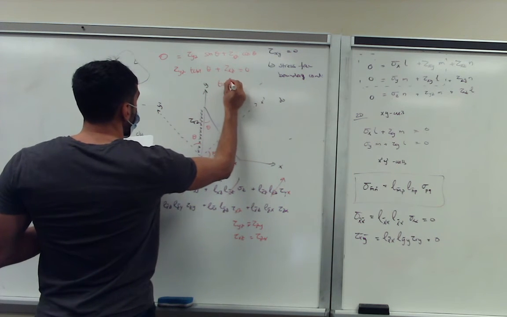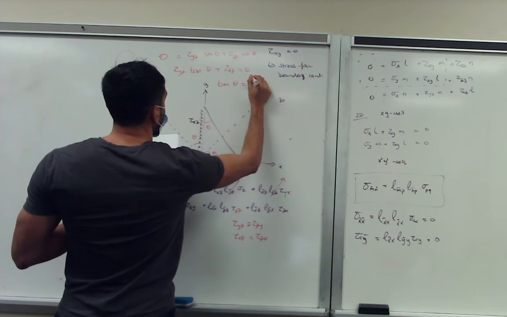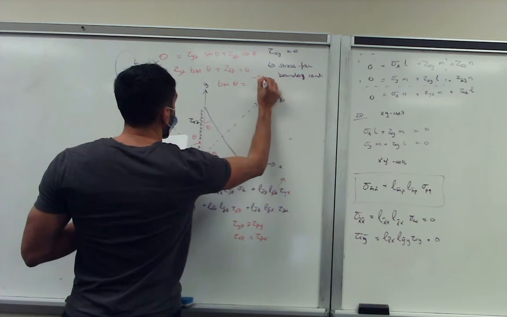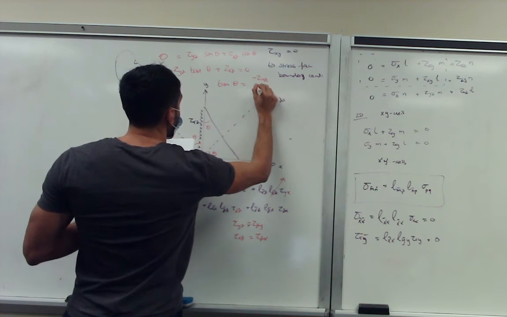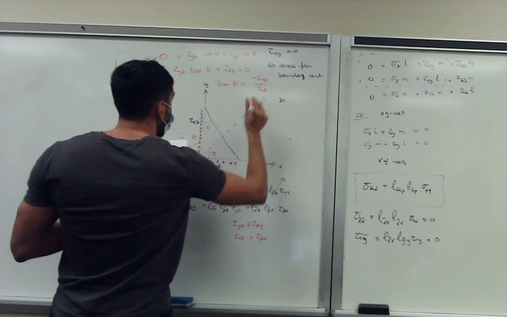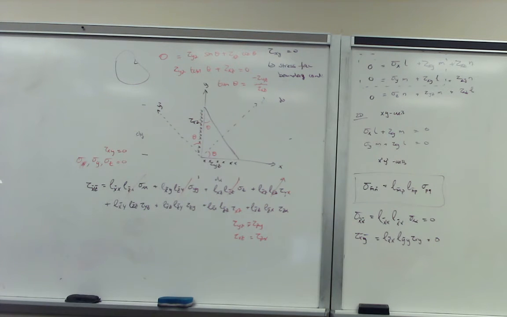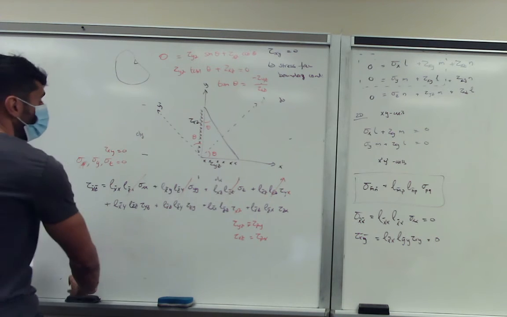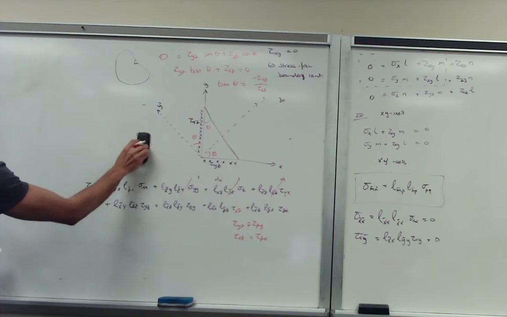We can get a function for tan theta is equal to minus tau yz over tau xz.